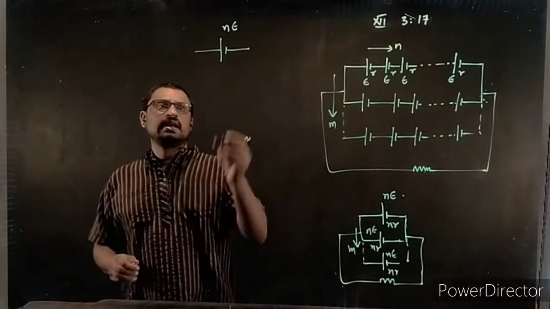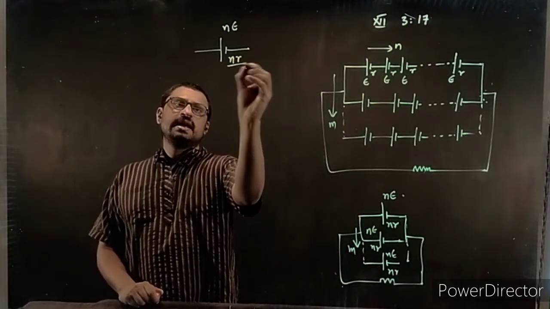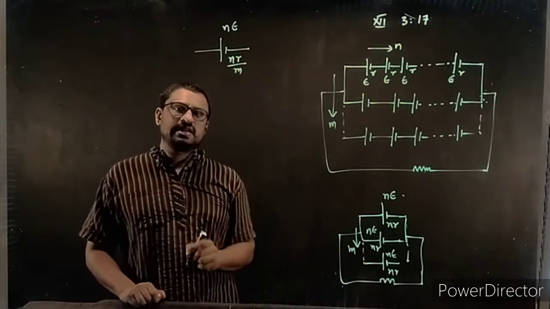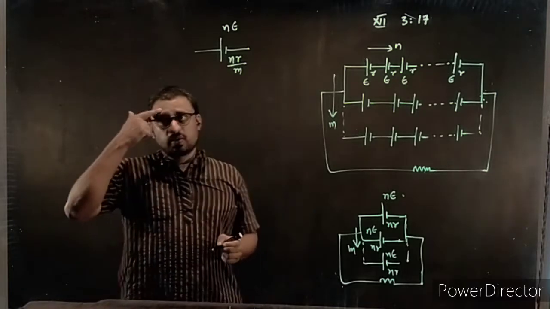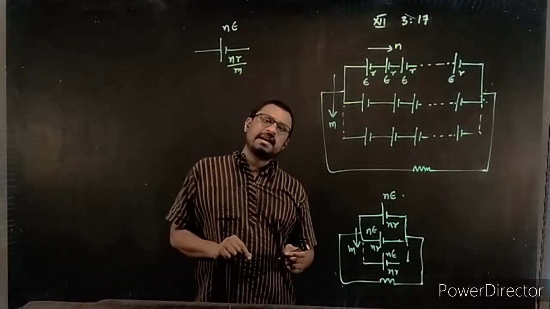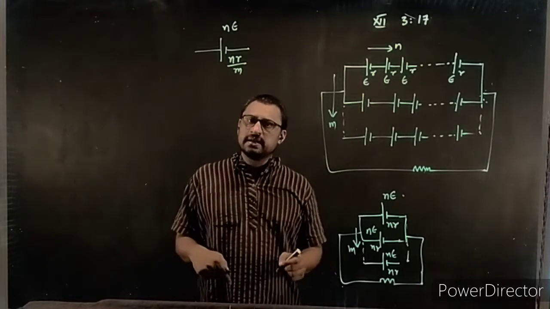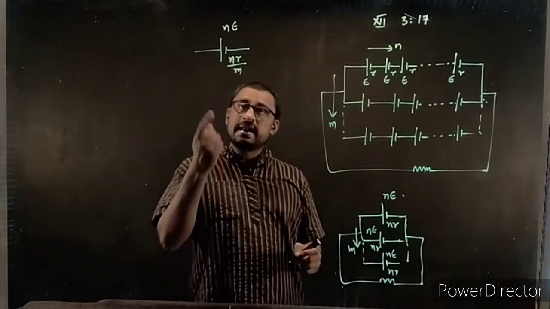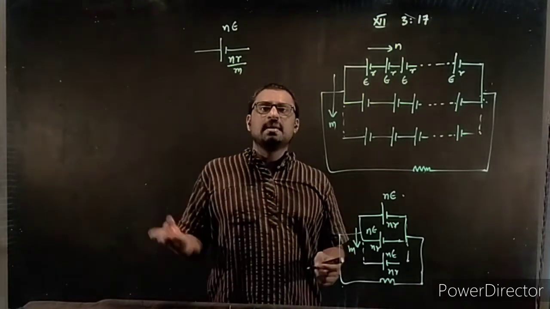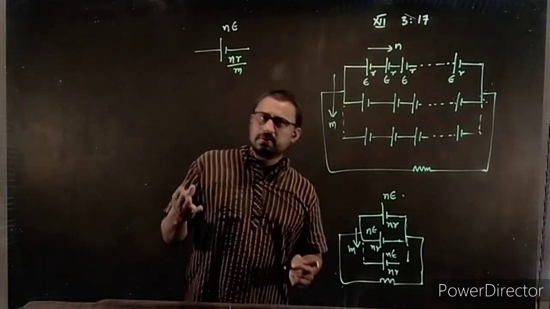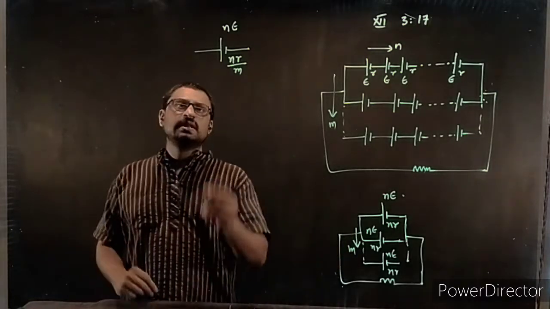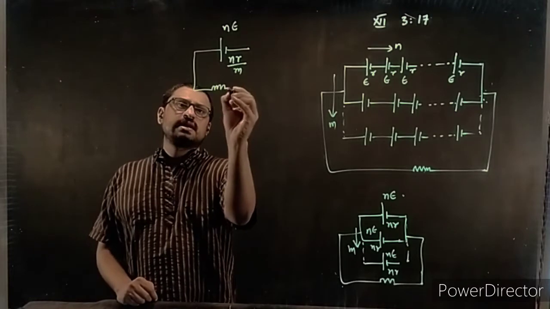So we can say the effective internal resistance will be nr by m. You have to understand that. Previously I told you for n resistors connected in parallel, the effective resistance is R by n, or R by m. Just like nr is the resistance and m of them are connected in parallel, so the effective resistance is nr by m. So simple, connected to an external resistor capital R.